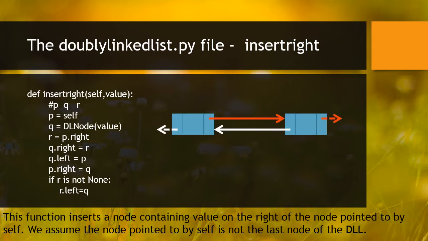Something like this, and self is here. So you can see that the node pointed to by self is not the last node of the doubly linked list. There is another node on the right. We want to insert a new node between these two nodes, and this new node should contain value in the info field.